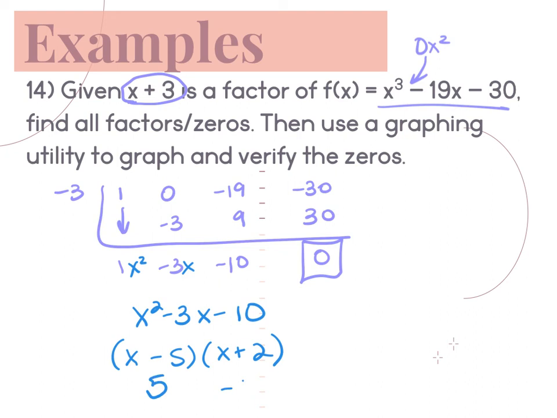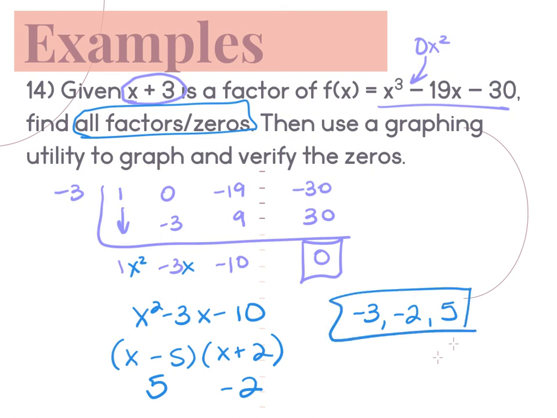So my answers are all those factors, because it says find all factors: the -3 they gave me at the beginning, the -2, and the 5 I found by factoring. So the first factor they give you, you're using to reduce it a degree, which makes it squared. And from there, you know how to solve it because it's quadratic. I will graph this last one on the video so that you can see what it looks like. Obviously, when we come back, we'll do more with the graphing calculator. But you need to understand up to that point.